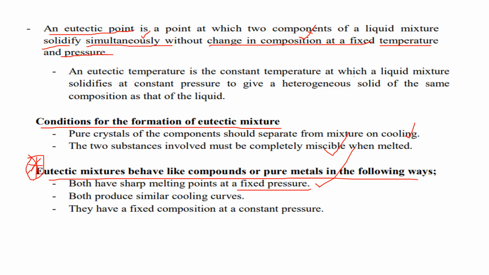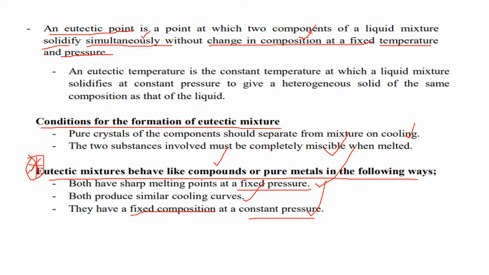Number two, they produce similar cooling curves like those of compounds. So both eutectics and compounds produce similar cooling curves. And then number three, they have a fixed composition at a constant pressure. So every condition has at least a restriction apart from the second one.